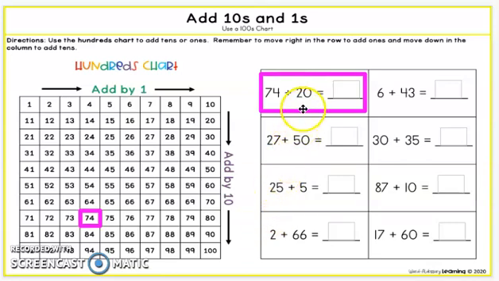And how many jumps will I make? We're adding tens. So how many tens are there in 20? Excellent. There's 2. Okay. So I'm going to make 2 jumps down the column. There's 1 jump.